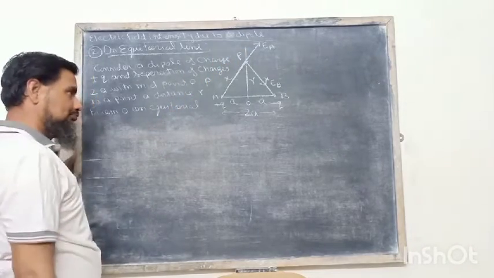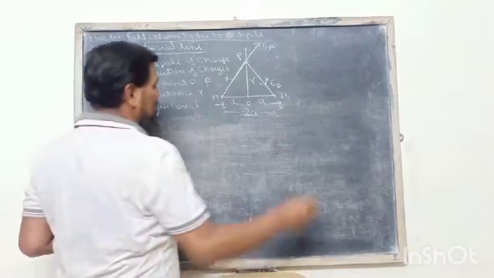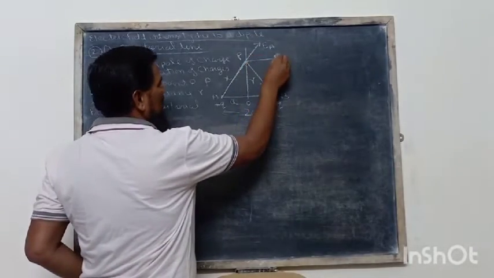This point is P. Now we draw a parallel to the dipole line.